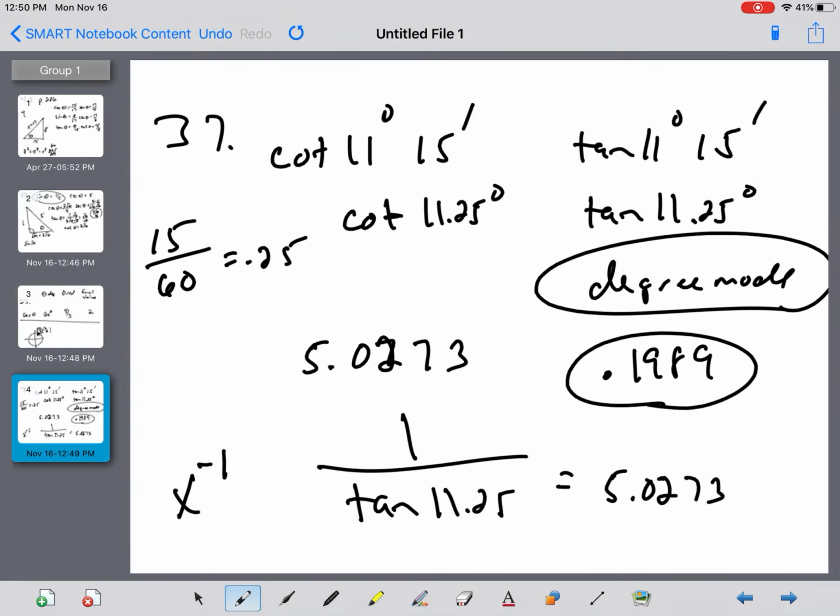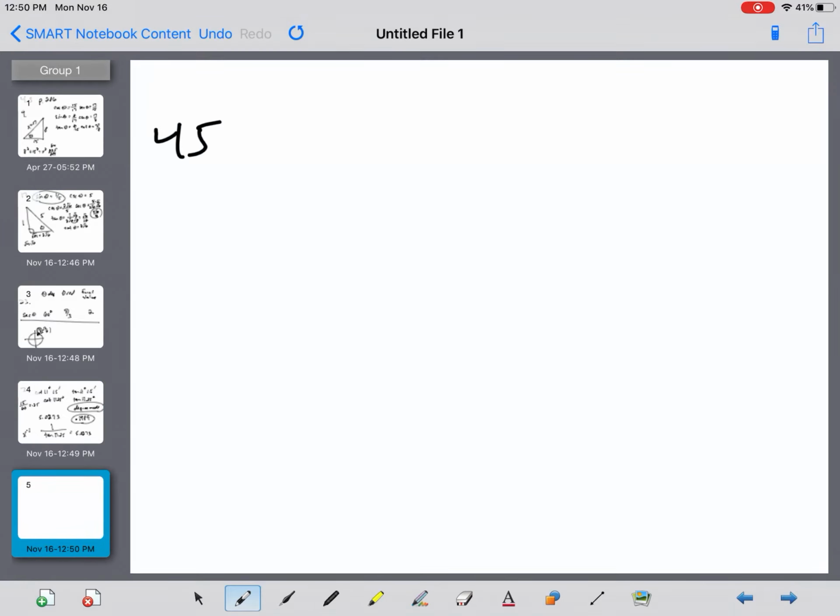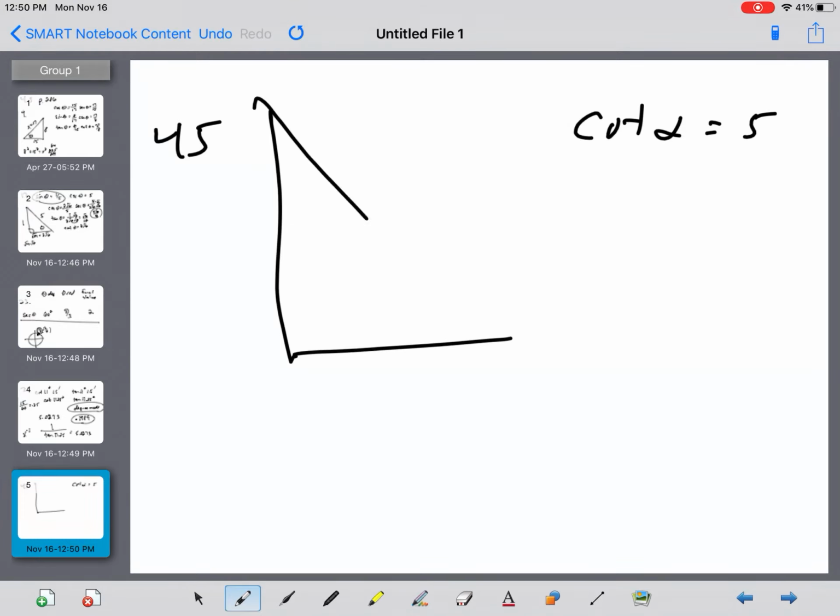Okay, continuing on, number 45. Picture that I can draw from 45. It says cotangent alpha equals 5. So again, I'm drawing a picture. I'm putting alpha here. Now cotangent is adjacent over opposite. So if I did tangent now of alpha, that would be 1/5.